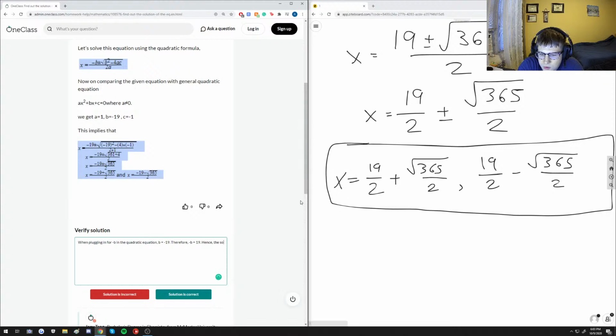Hence, the solutions are 19 plus the square root of 365 over 2, and 19 minus the square root of 365 over 2. So I'm going to write that this solution is incorrect.